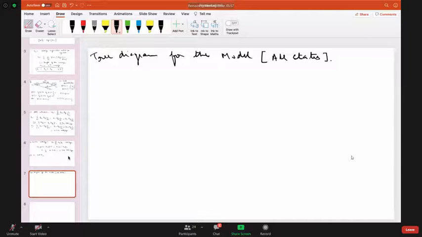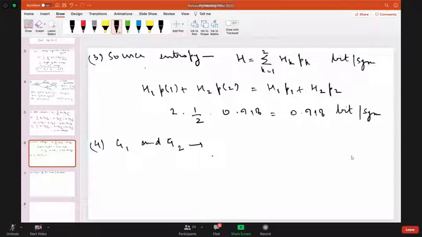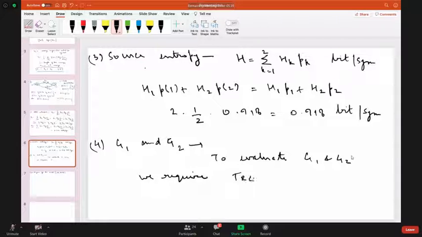So to evaluate G1 and G2, we require tree diagrams. I'm going to draw a tree diagram which will include both messages of length 1 symbol and messages of length 2 symbols, and from there we'll evaluate these quantities.